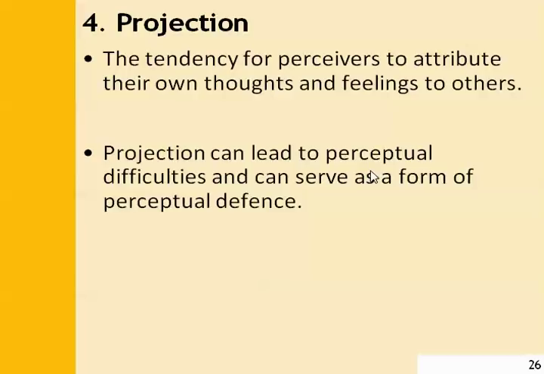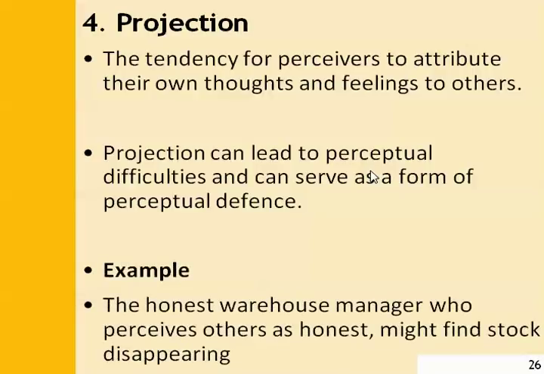خلينا الأول نشوف the perceptual difficulties. Example: an honest warehouse manager who perceives others as honest might find stock disappearing. يعني suppose you are a warehouse manager, أنت مدير مخزن and you are honest، أنت واحد أمين.